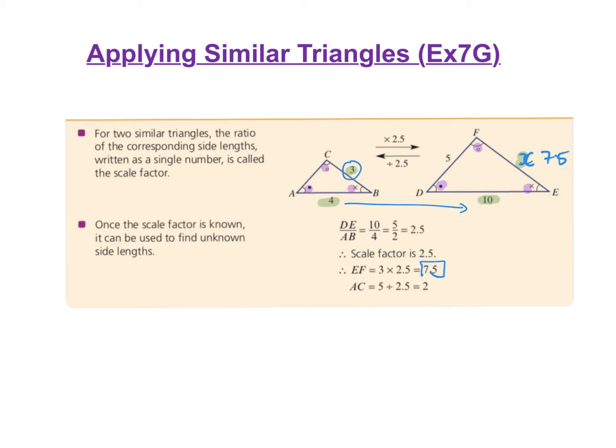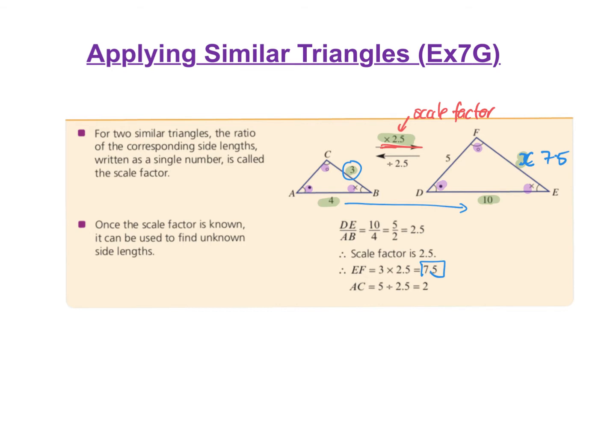We'll look at finding unknown sides in our applications. Just remember, this triangle went up by 2.5, and the amount that you times it by is what we call the scale factor.